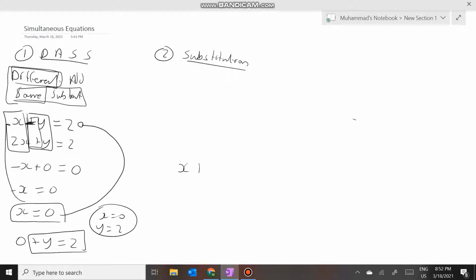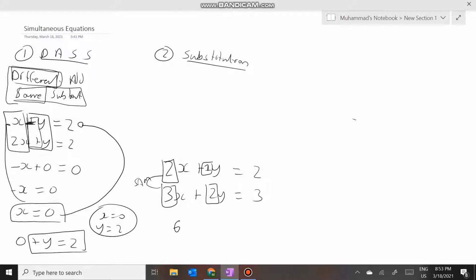One more note about this. Say there are two equations, x plus y equals 2 and 2x plus y equals 2, and 3x plus 2y equals 3, for instance. We want either the x coefficients to be the same, or the y coefficients to be the same. If we were to eliminate x, the lowest number in which they're similar is 6.